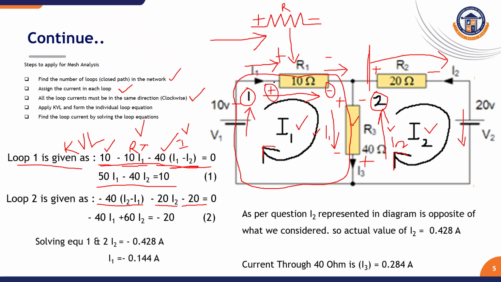Solving these two equations, you will get I2 equal to 0.428 amp and I1 equal to minus 0.144 amp.